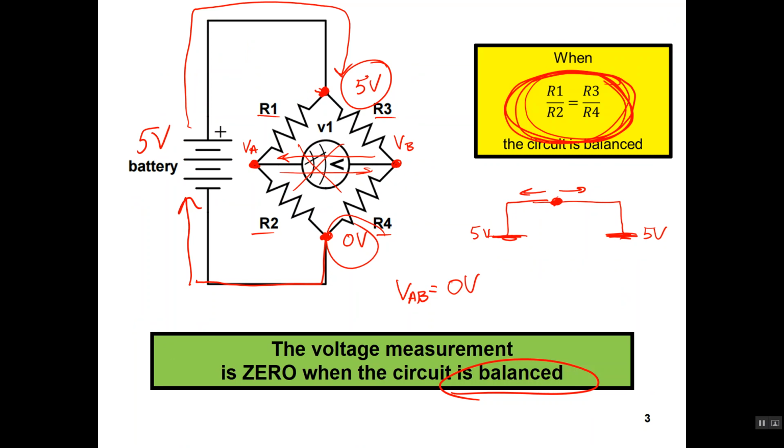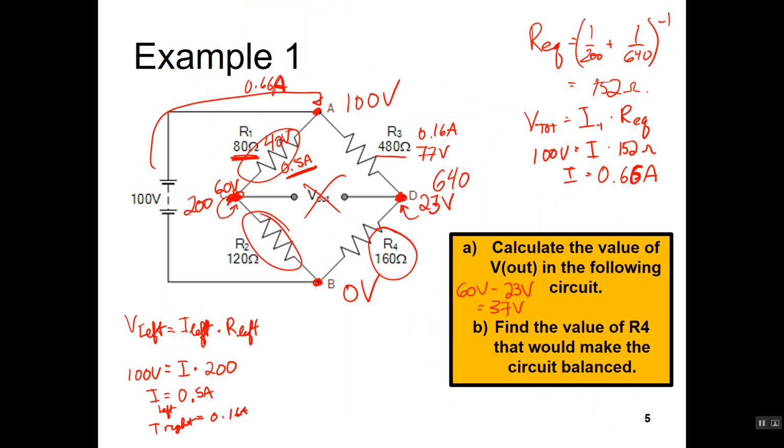I'm trying to create a balanced circuit. And so the ratio between R1 over R2 should be the same as the ratio between R3 and R4. So let's go back now. What does R4 need to be if R1 over R2 is to be equal to R3 over R4? That only works if I want to create a balanced circuit.